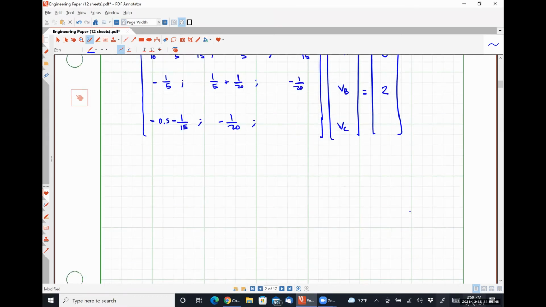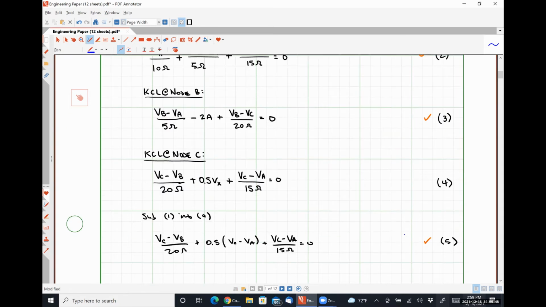And then our coefficient for VC is going to be what? So 1/20 plus 0.5 plus 1/15, right?